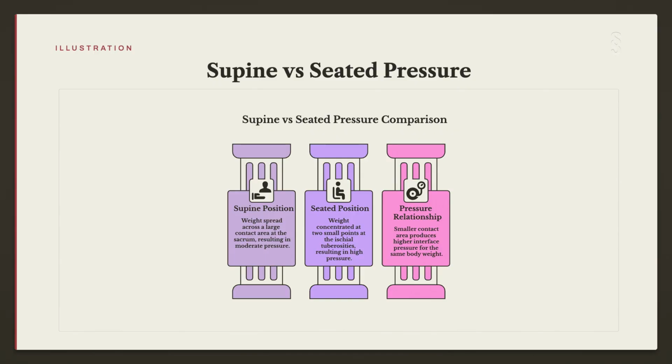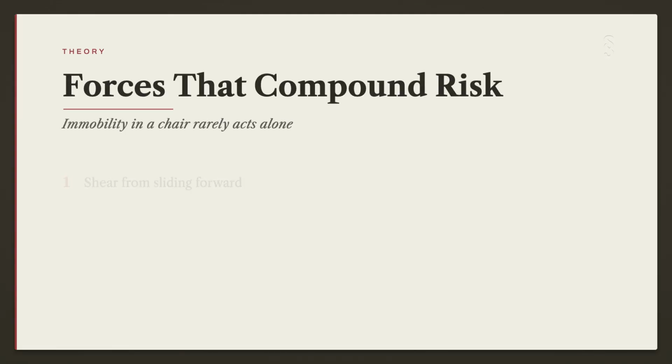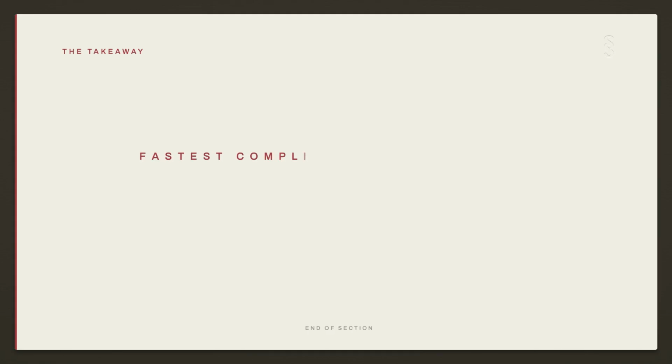Sitting concentrates that same weight onto two small points, the ischial tuberosities, so a seated client actually experiences higher pressure than one lying down. Sitting also invites shear as the skeleton slides while skin stays fixed, tearing small vessels between layers. Moisture softens skin, and poor nutrition, low albumin, and reduced perfusion all shorten how long tissue can survive without blood flow, and a seated client often has several of these happening at once.